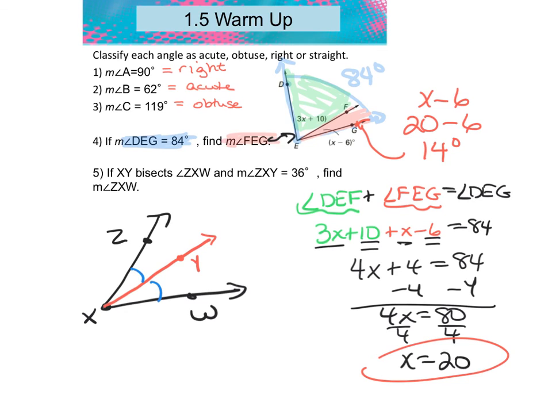They also told me in here that angle ZXY is 36 degrees. So because I know this one is 36, then this one is also 36. And then the question is asking me to find how much ZXW measures. So all I have to do is add 36 plus 36, and it's 72 degrees.